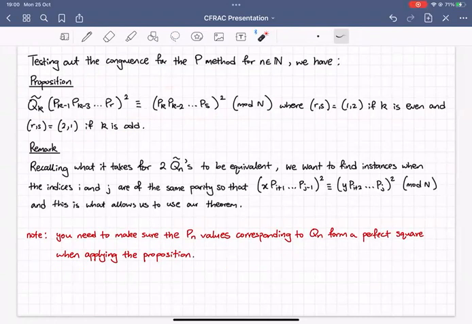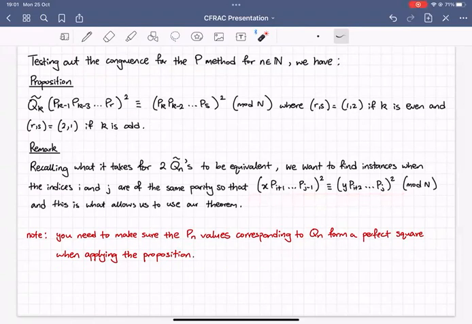Recalling the definition of equivalence a few slides before, we want to find instances where the indices i and j are of the same parity so that you can get this sort of congruence.